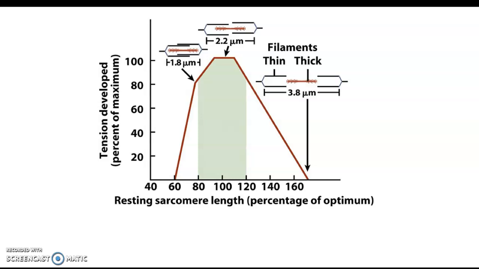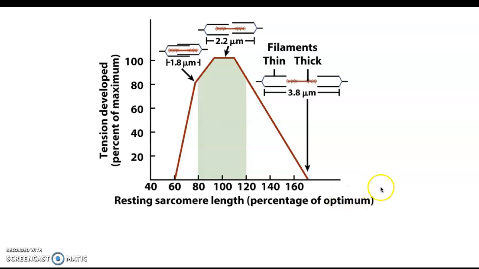I want to start by orienting you to this graph. On the x-axis, we've got the resting sarcomere length. Remember, the sarcomere is the functional unit of the myofibril. That's the thing that's doing the contracting. This author is expressing this as a percentage of the optimum length.